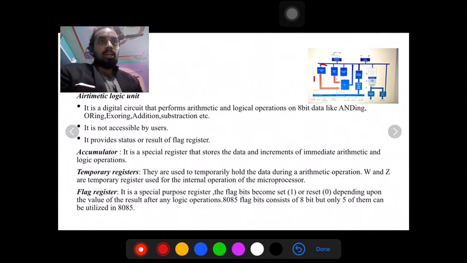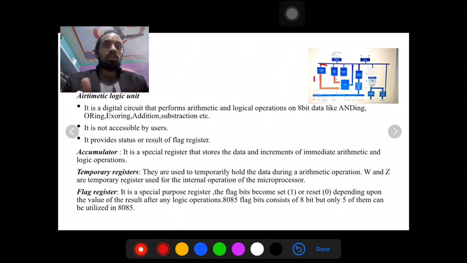Okay, next, very important, your flags. Next we are going to talk about your flag register. A flag is basically a special purpose register. It can be set to 1 or reset. If the condition is true, set to 1, otherwise reset.